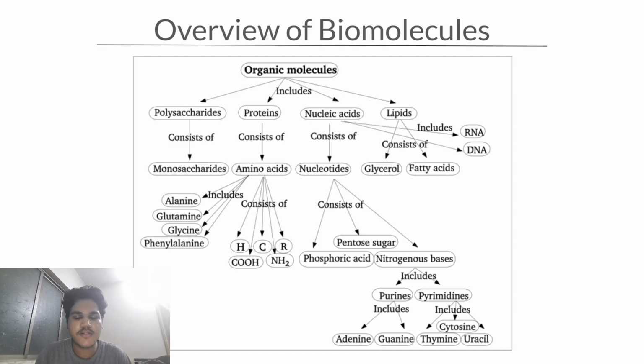Biomolecules are organic molecules which include carbohydrates, proteins, nucleic acids, and lipids. Just to have an overview, carbohydrates, also known as polysaccharides, consist of monomers called monosaccharides. Nucleic acids are another type of biomolecule that make up DNA and RNA.